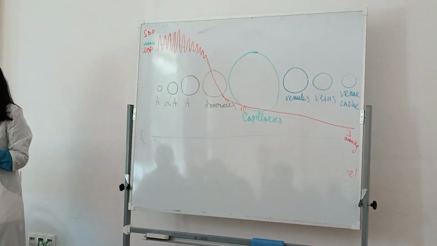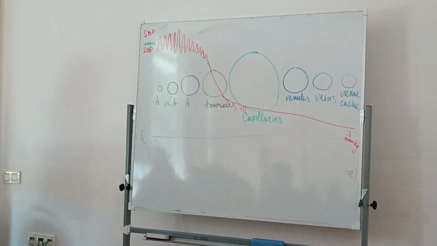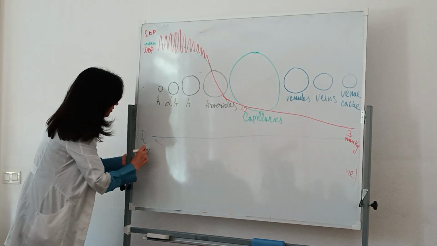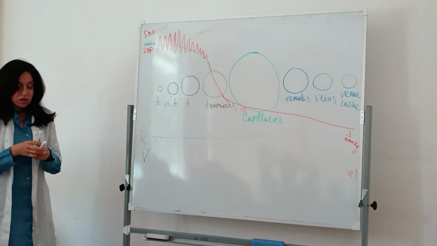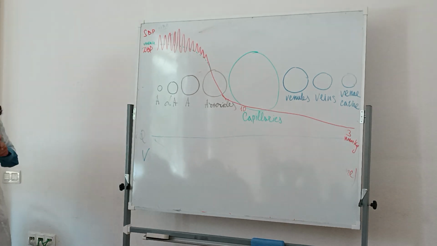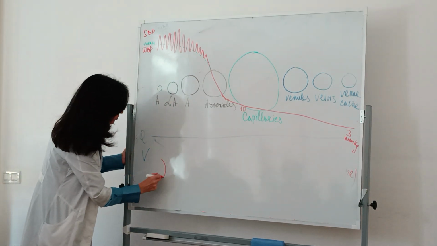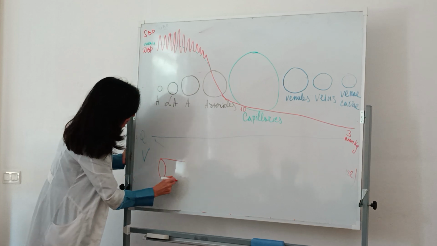And what about another term of blood circulation? It's called blood flow velocity, or simply blood velocity. What does it mean? Again, blood vessel model.